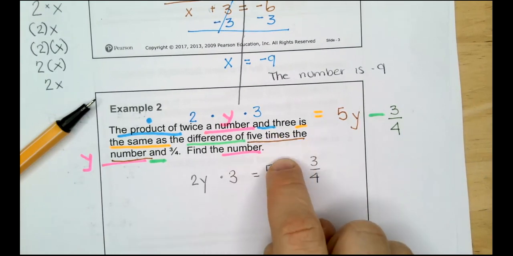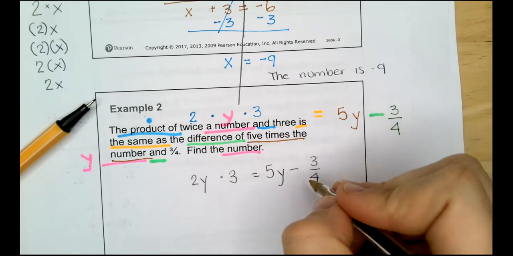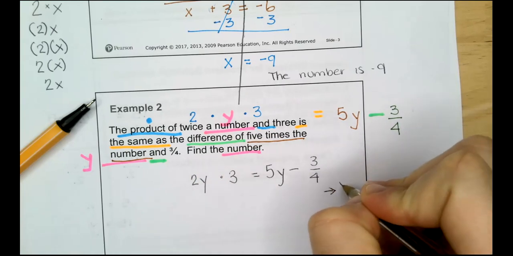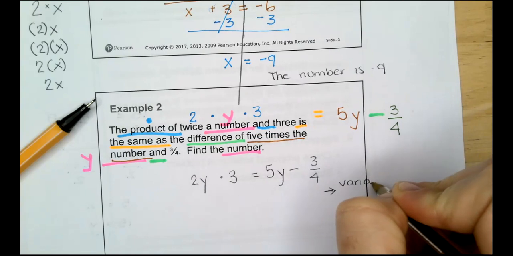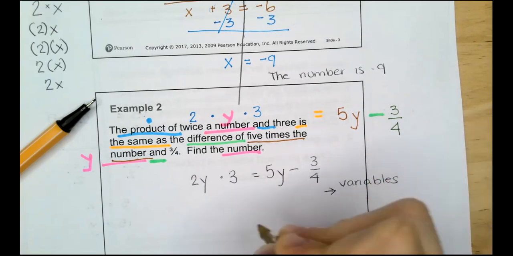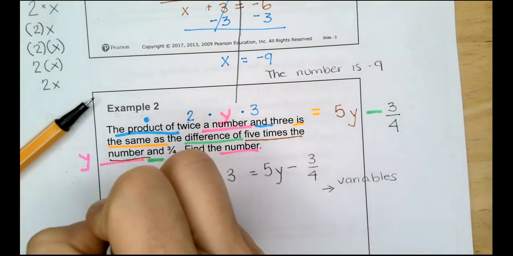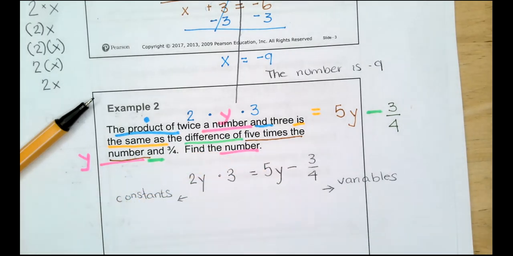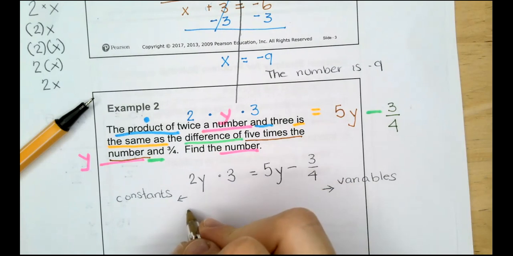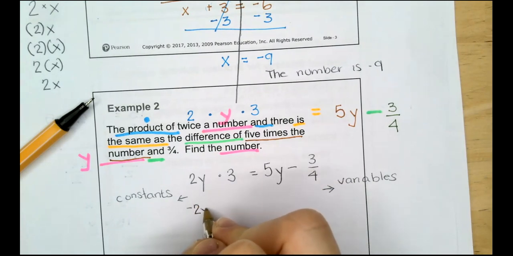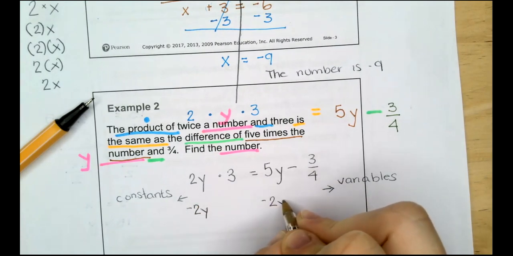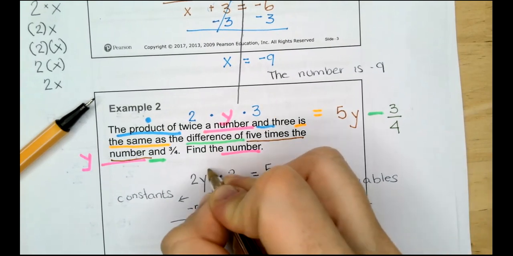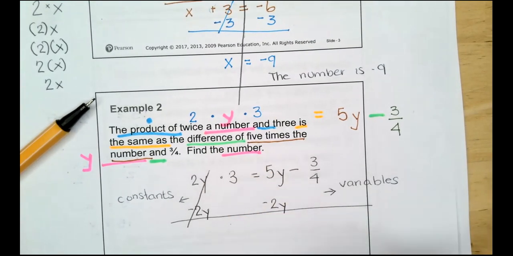But here my 5y is bigger than my 2y, so I'm going to move my variables this way so that they stay positive. I'm going to move my 2y by subtracting 2y. Oh, I'm not subtracting 2y. Sorry, I'm multiplying.